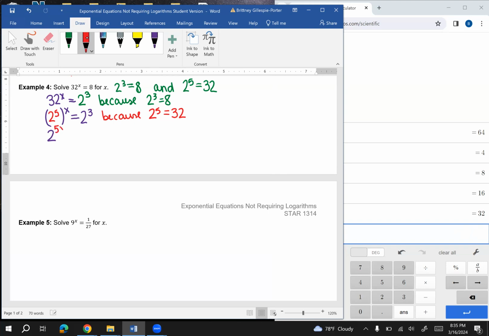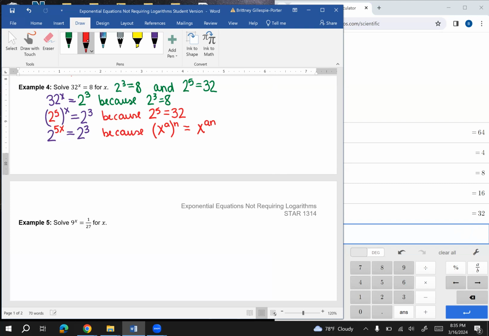You get to multiply them. So 2 to the fifth raised to the x becomes 2 to the 5x. The reason for that is our exponent rule: if you have x to the a raised to the n, that becomes x to the a n.